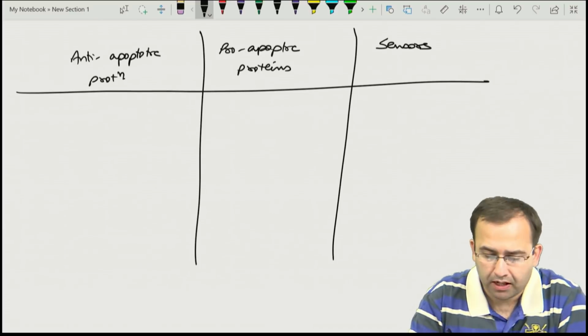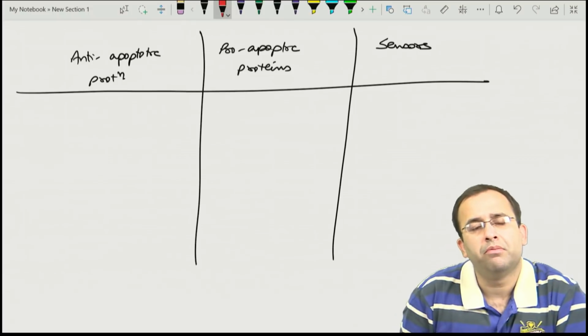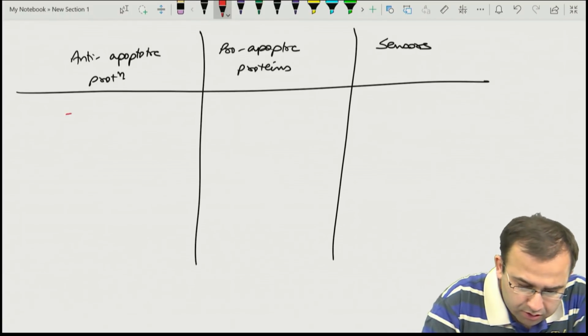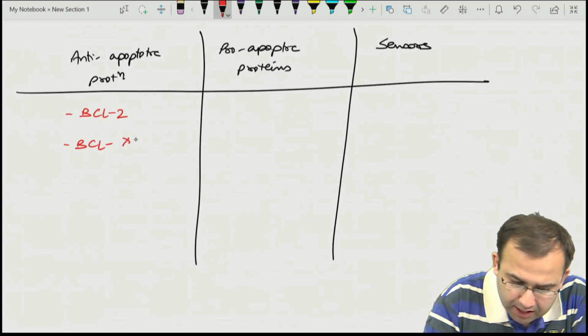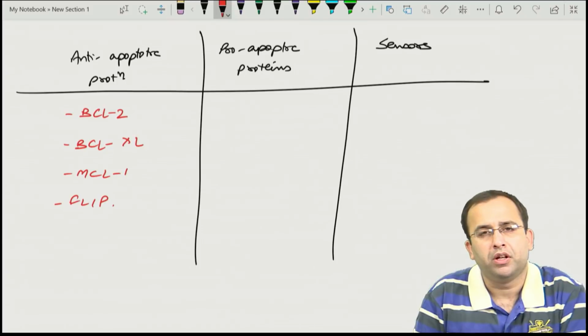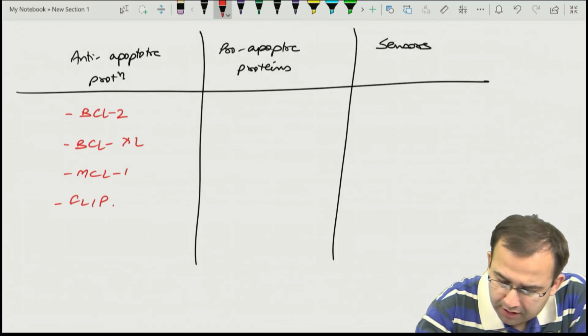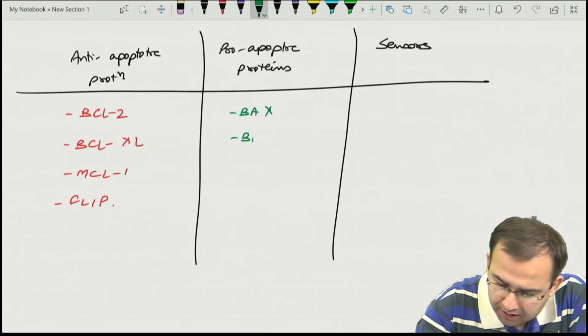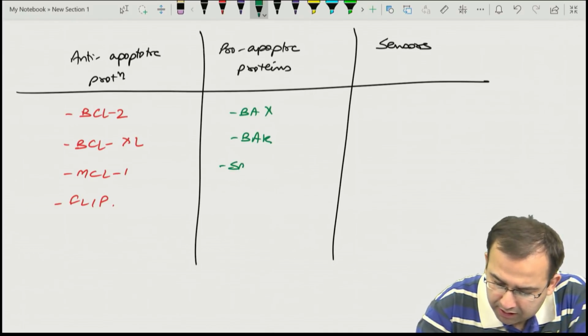This table again is asked. First point, easy to remember: anything with an L in it is anti-apoptotic. So BCL2, BCLXL, MCL1 are anti-apoptotic, versus BAX, BAK and SMAC Diablo.